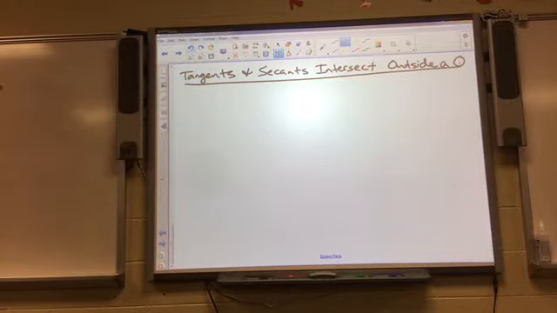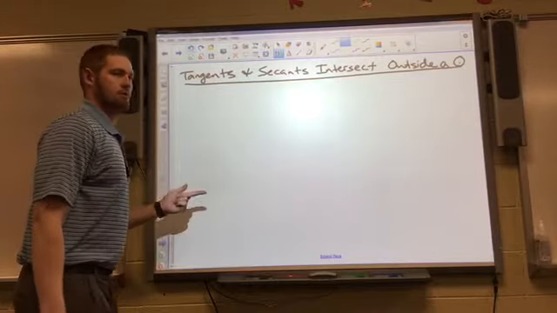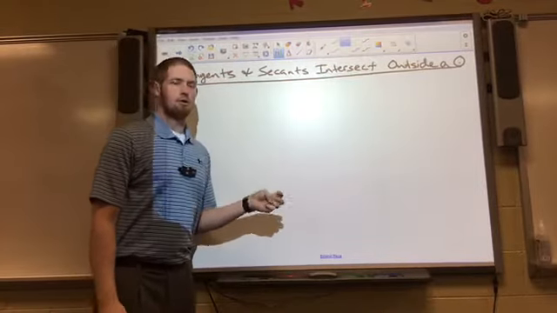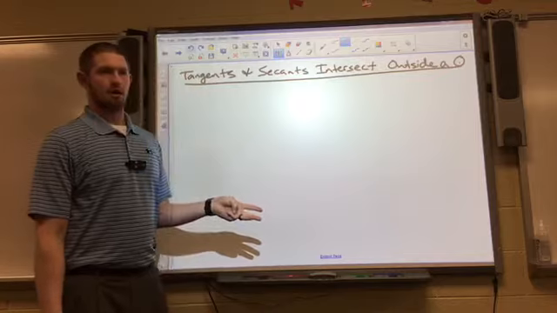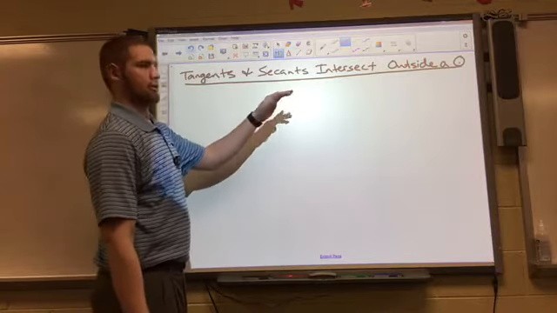Okay, so I'm going to shorten this up a little bit. This works for two tangents, two secants, or a tangent and a secant. Okay, so any combination you can come up with here, this works for.